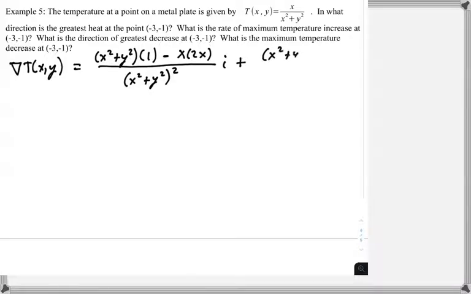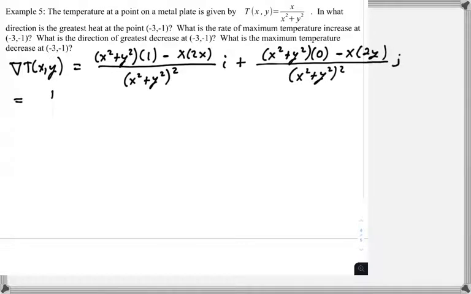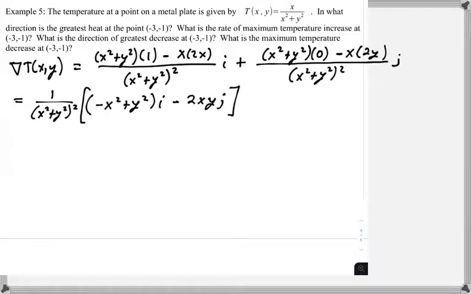So it's going to be the low function times the derivative of the top with respect to y, which is 0, minus the top function times the derivative of the denominator with respect to y, which is 2y, all over the denominator squared, and that's going to be your j component. So we can factor out the 1 over the quantity x squared plus y squared, squared, and we're going to have negative x squared plus y squared as your i component, and then minus 2xy as your j component.